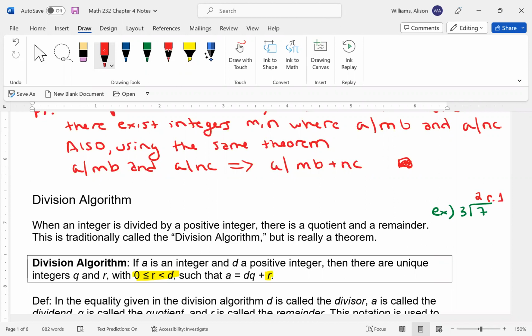So according to this theorem, we can say that 7 equals 3 times 2 plus 1. All right, 3 is the magical divisor. And then 2 and 1 are the result of that division. 2 being how many times 3 goes into 7, and then 1 being the remainder.